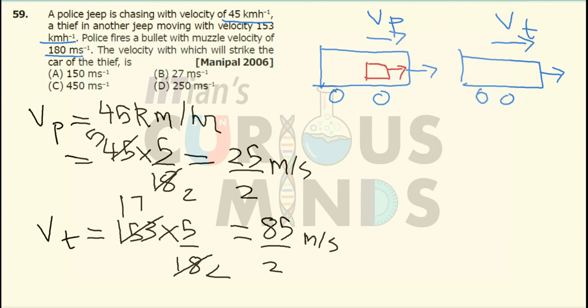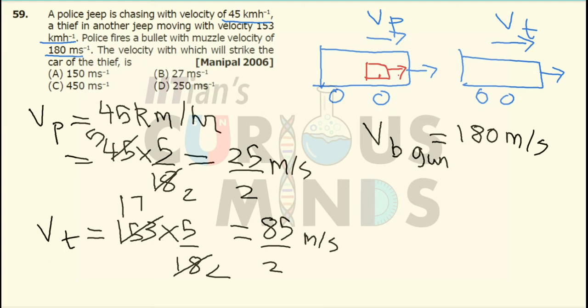So the velocity of the bullet with respect to the gun is given as 180 meter per second.